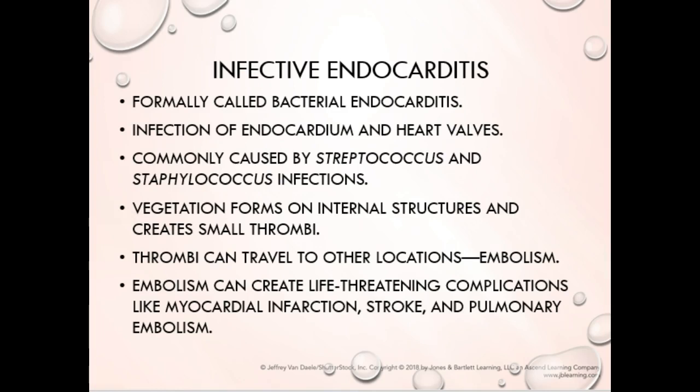An embolism is when it is traveling. I'm sure you know that, but let's just review it. And an embolism is bad because it'll travel until it finds somewhere to lodge into, causing either an MI or a stroke or a pulmonary embolism.